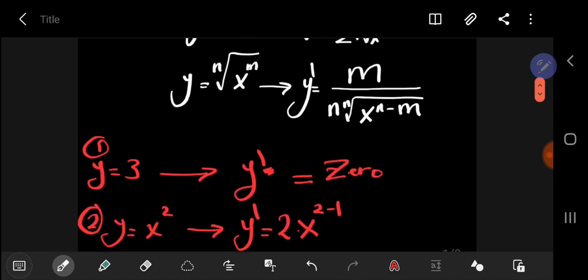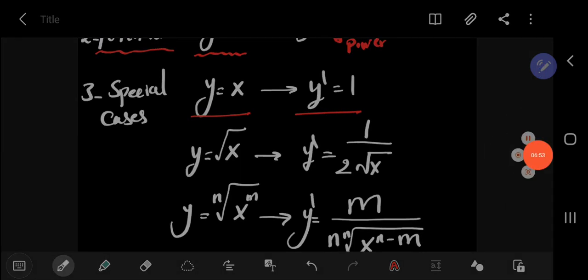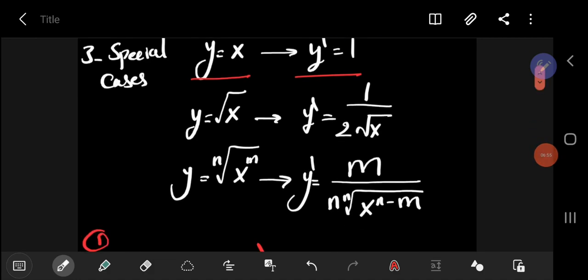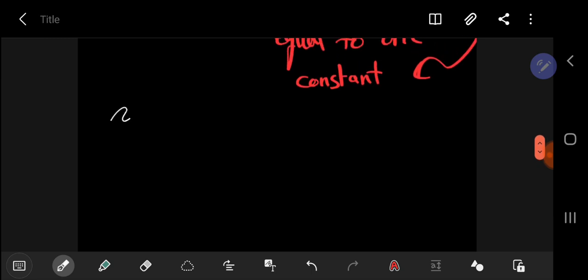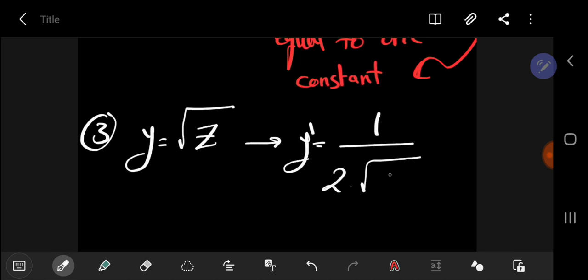If I want to take another example, number 3, y equal to square root of z, its derivative will be 1 over 2 multiplied by the square root of z. It's a rule. You have to save it in your mind. Okay?